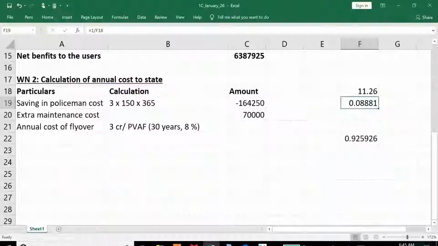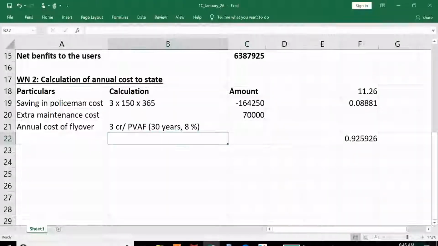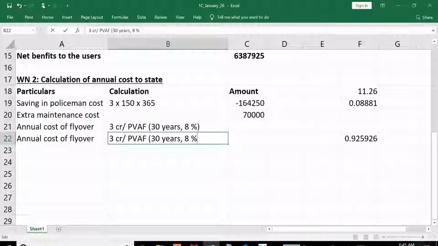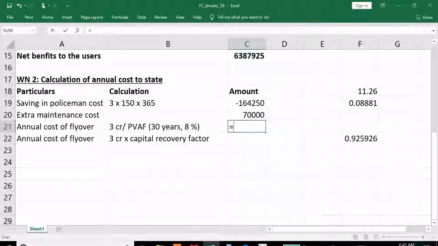So you can say the annual cost of flyover is 3 crore by the annuity factor, or 3 crore into the capital recovery factor. What is the capital recovery factor? 1 divided by the present value annuity factor. Capital recovery factor is nothing but the inverse of the annuity factor. That is, listen, you told me 3 crores.